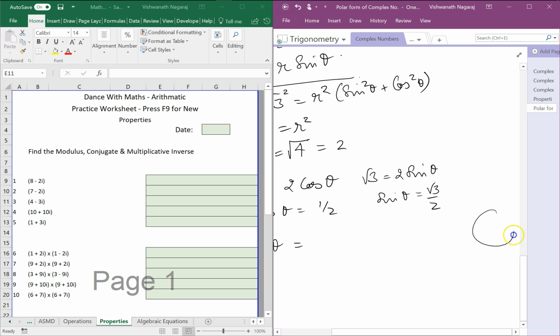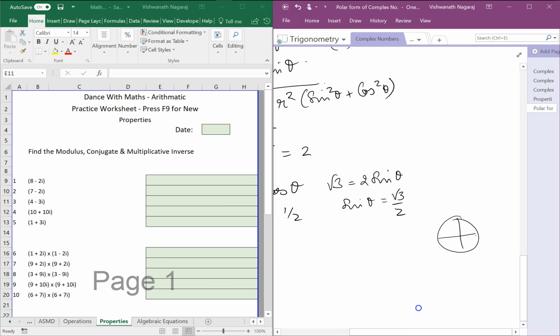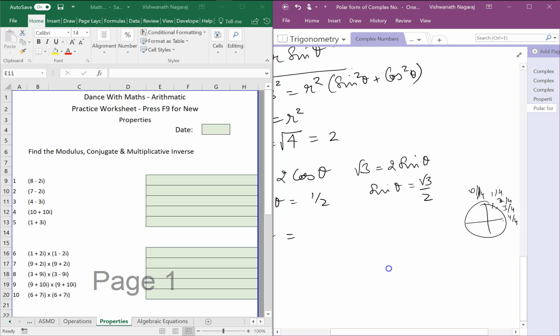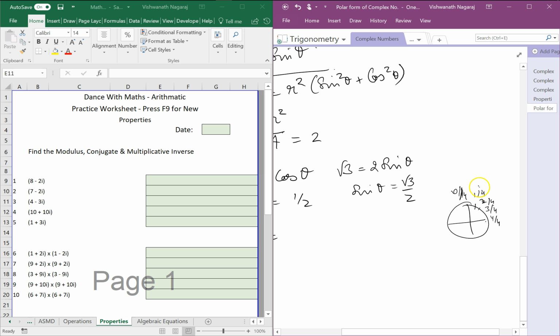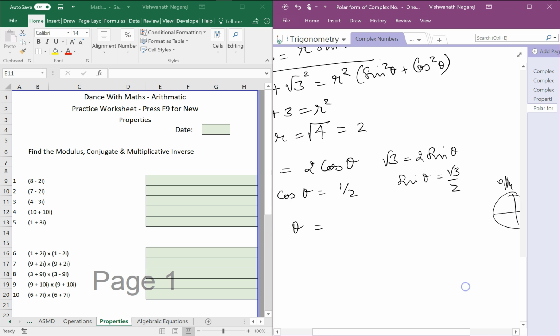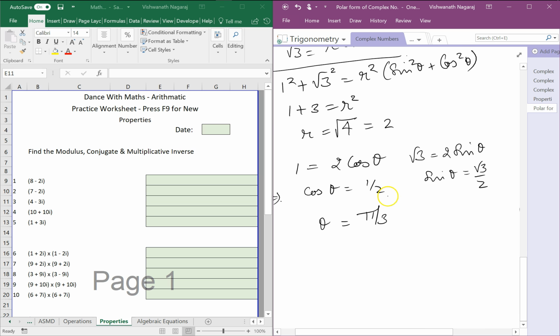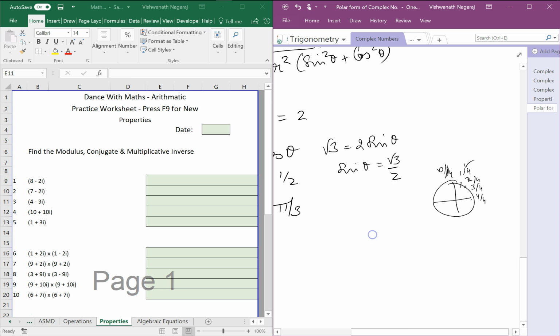Now remember, in the unit circle, as far as cos theta is concerned, it is 4 by 4, 3 by 4, 2 by 4, 1 by 4, 0 by 4. So cos theta is 1 by 2. That means this one, that is the 60-degree angle, pi by 3. So think about it. Cos pi by 3 equals half, and sin pi by 3 is root 3 by 2.